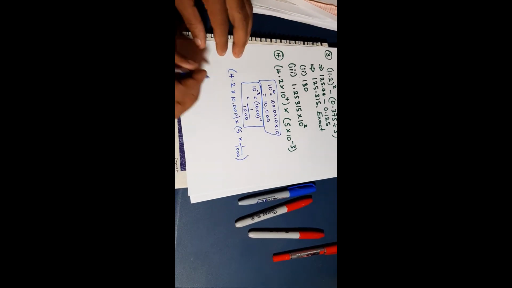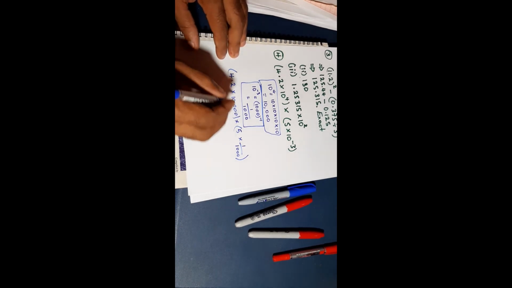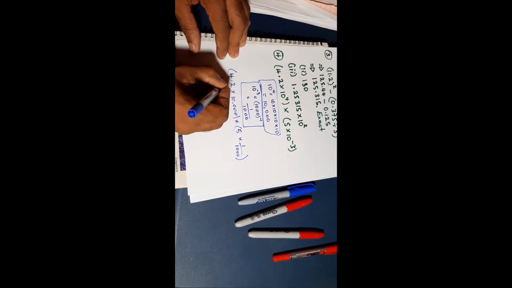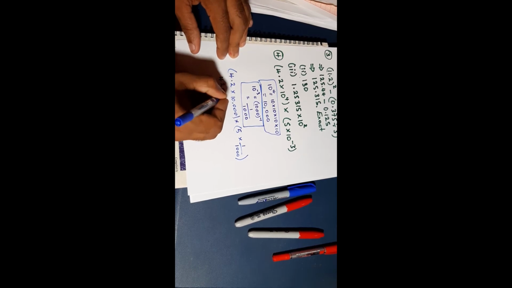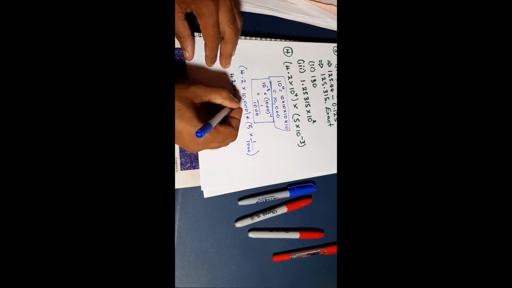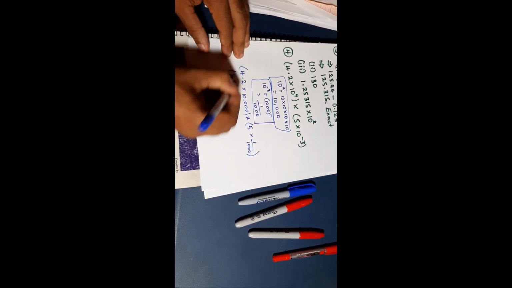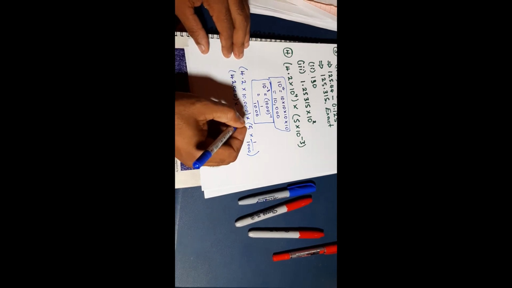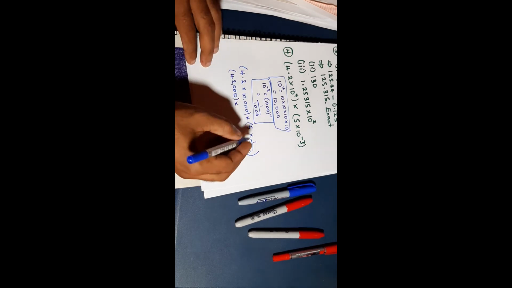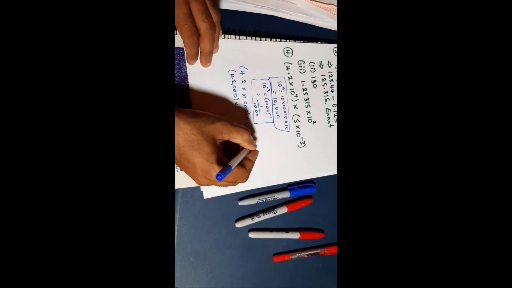Now, 4.2 times 10,000, that's going to give me 42,000 multiplied by 5 over 1, 5 times 1, that's 5.